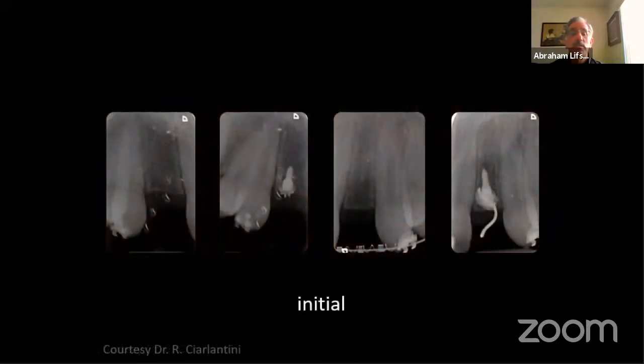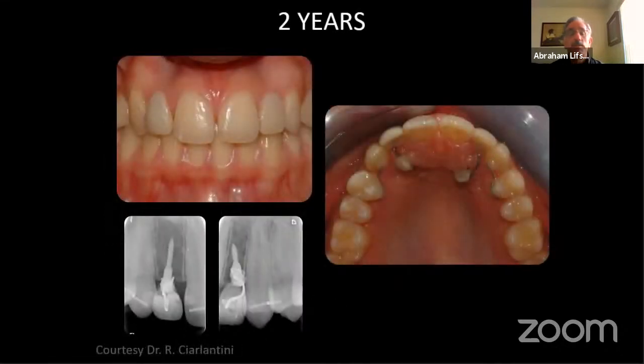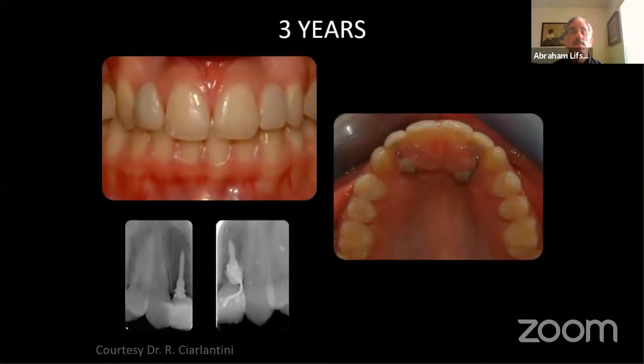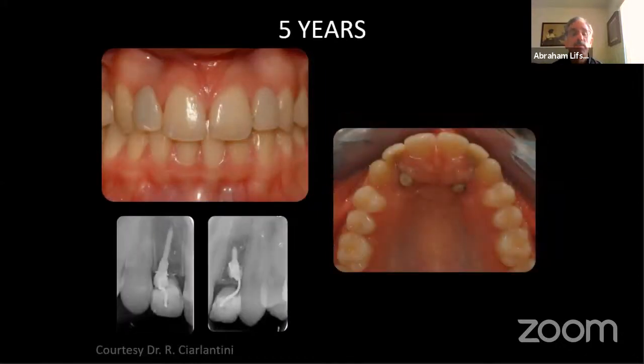This is the initial. He showed vertical cuts with indirect anchorage on the pontics. This is 2 years later. This is 3 years later. And this is 5 years later.